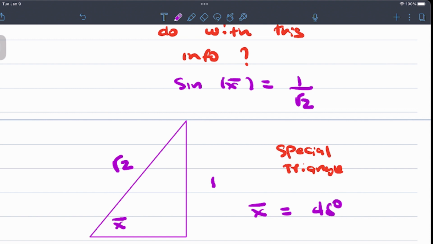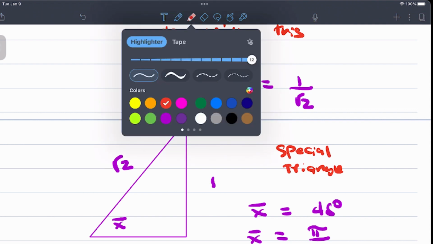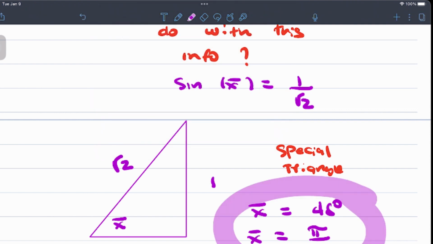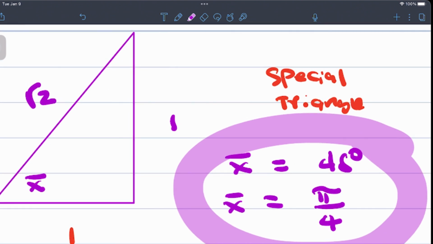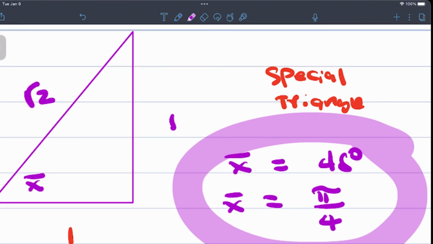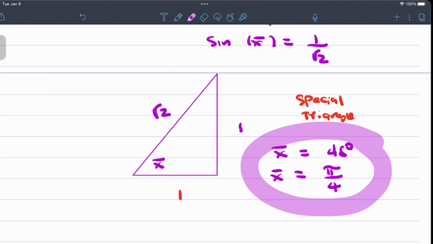This was 45 degrees. Pi over 4, ladies and gentlemen. Okay? Remember, this is your reference information. Okay, so this is reference.